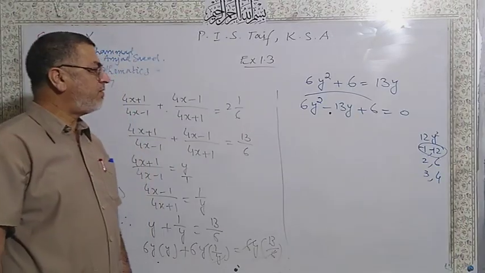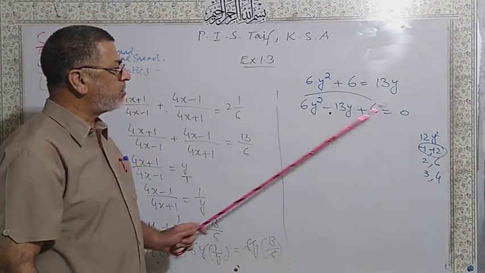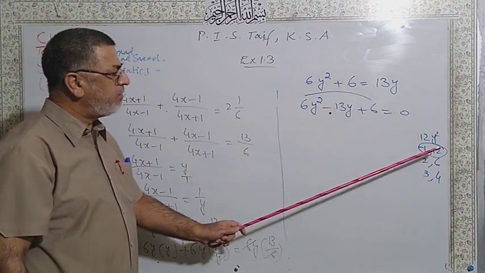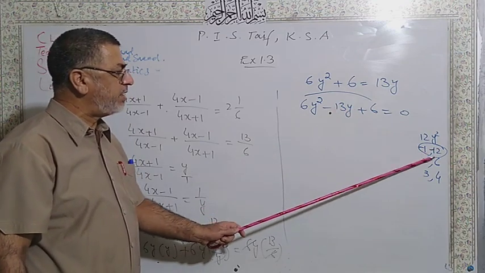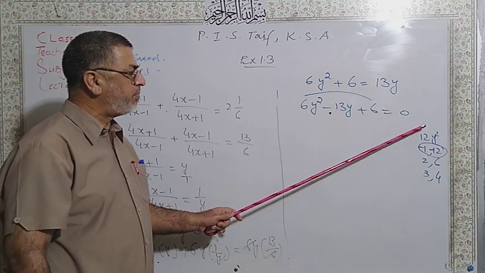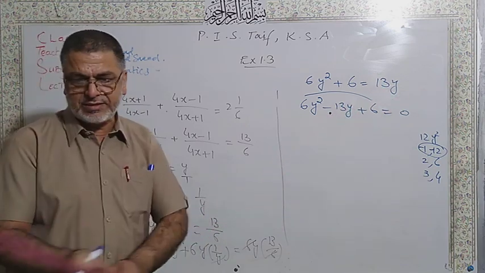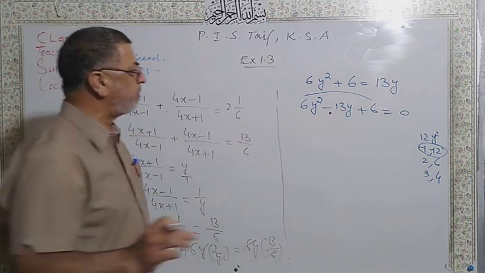So minus 12 minus 1 is equal to minus 13, and multiplying them, minus minus plus, you get plus 12. So this is according to the rule.